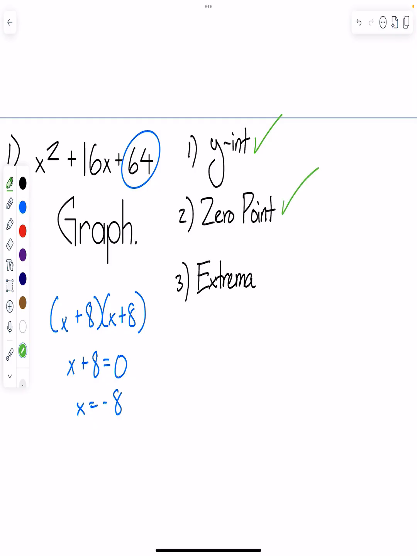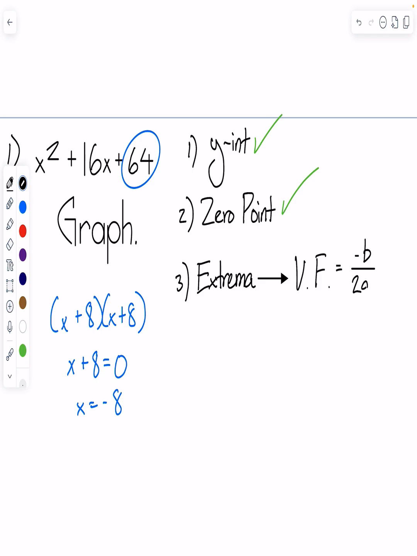Last but not least, we need to find the extrema value. We can find the extrema value by a formula called vertex formula. Okay, your vertex formula tells you where that min or max is located for a quadratic function. So that is equal to negative b over 2a.